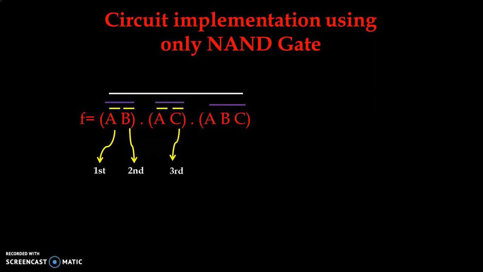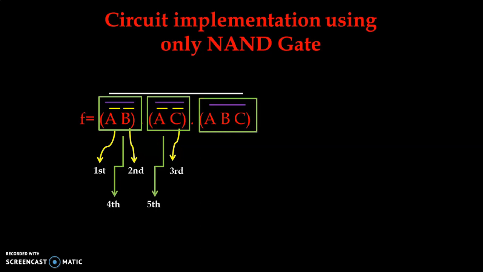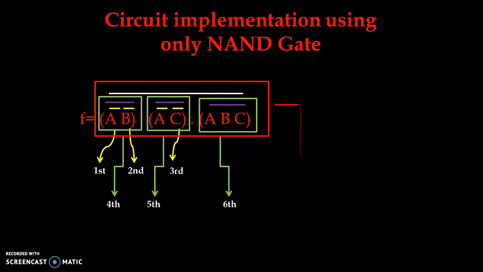Now we have three product terms. For the first product term with complements, we use our fourth NAND gate. For another product term, we use the fifth NAND gate. For the last product term, we use the sixth NAND gate. Now all the product terms are again multiplied together, so as a whole, we use the seventh NAND gate.